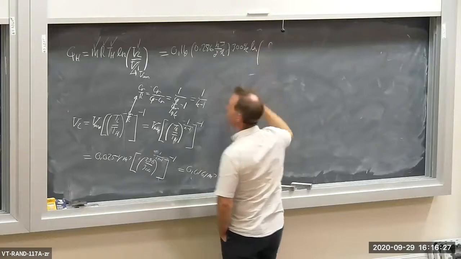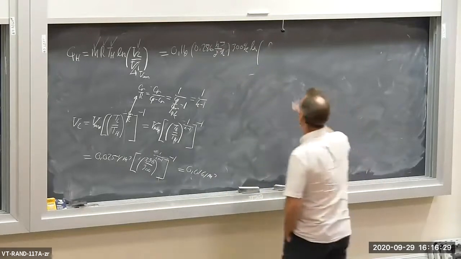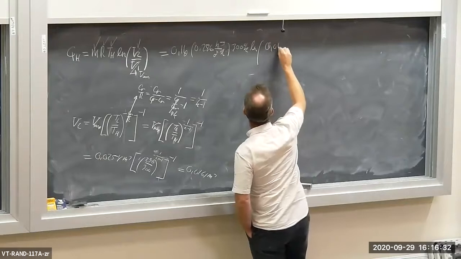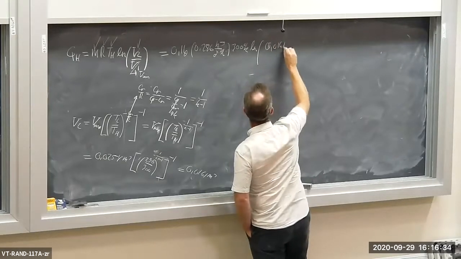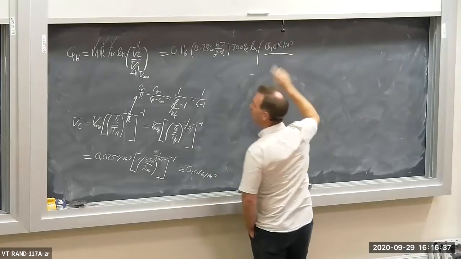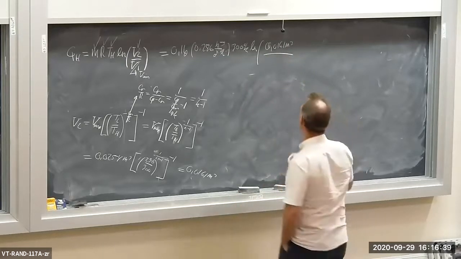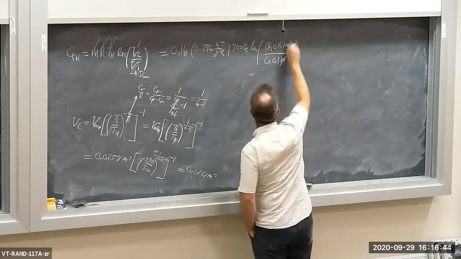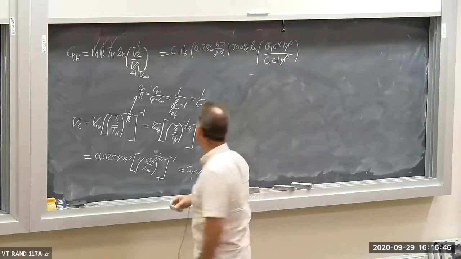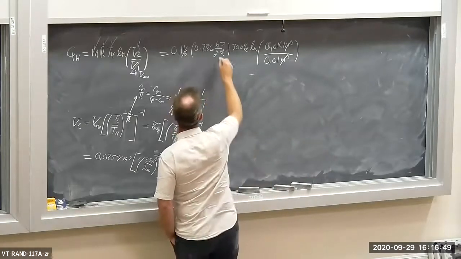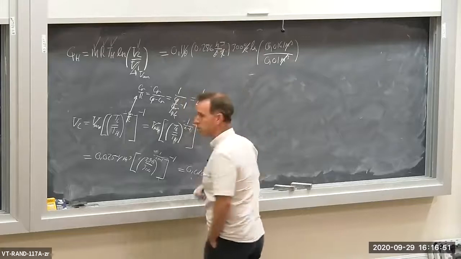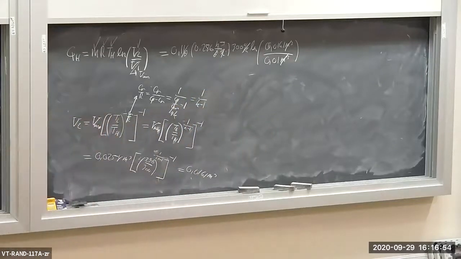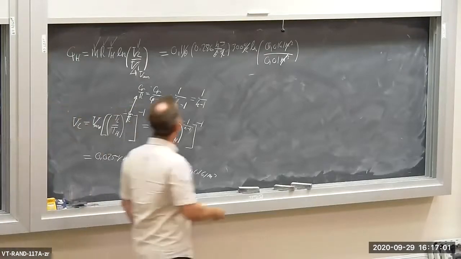And then I got natural log of V2, which is 0.0161 cubic meters, over V min. V min was 0.01 cubic meters. Cubic meters cancel out. They better for the natural log. The kilograms, Kelvin cancel, and I get kilojoules. That looks good. And that gives me the final heat transfer from the high temperature reservoir of 4.09 kilojoules.